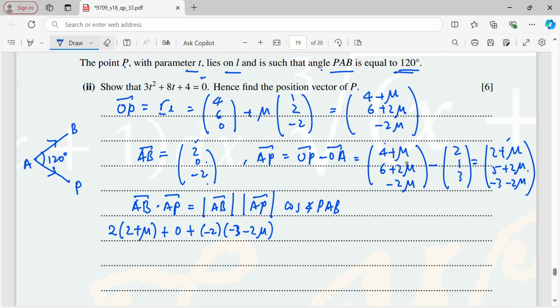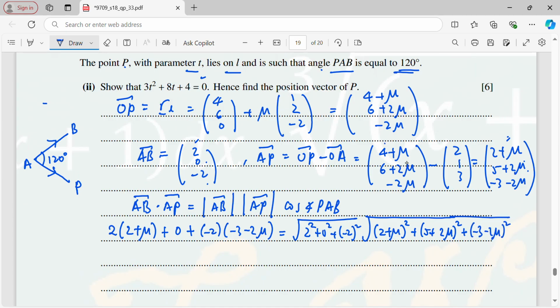That is the dot product or scalar product, right? So then from here, I will write the magnitude is square root of 2 squared plus 0 squared plus minus 2 squared for the AB. And then for the AP, you need to square all this and plus. And now cos 120 degrees.